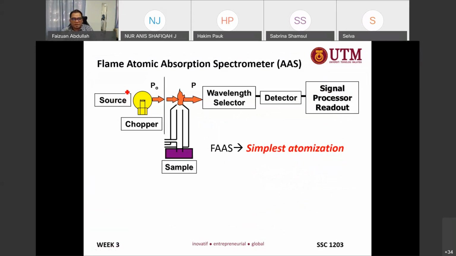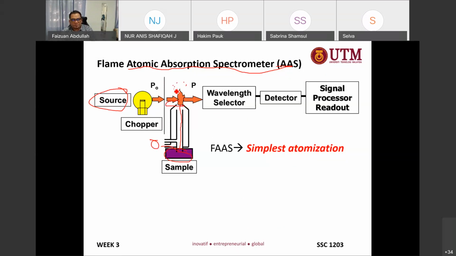In the AAS, the atomic absorption spectrometer, we have a source of light, energy in the form of light, and then here is our sample. We burn the sample; there is a pump here to suck the sample to the flame. The flame will burn the sample and it will become atomized.